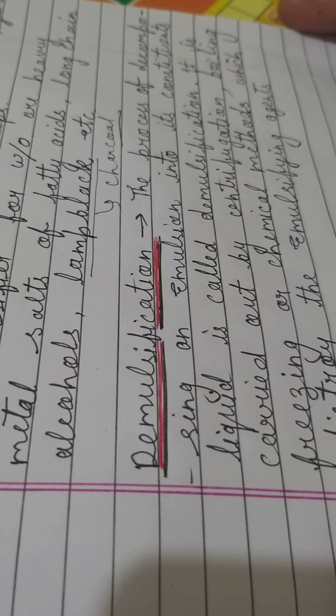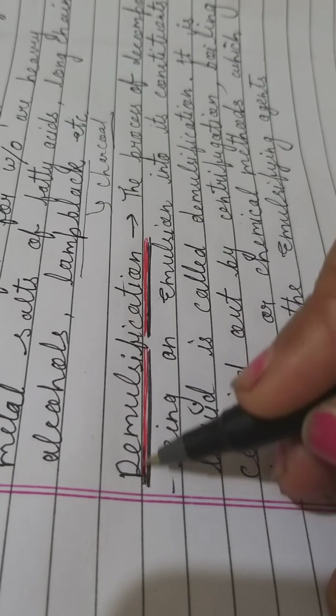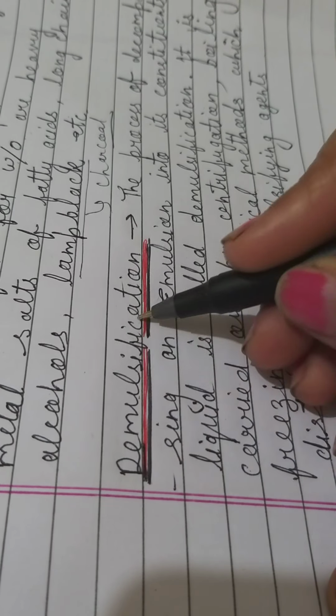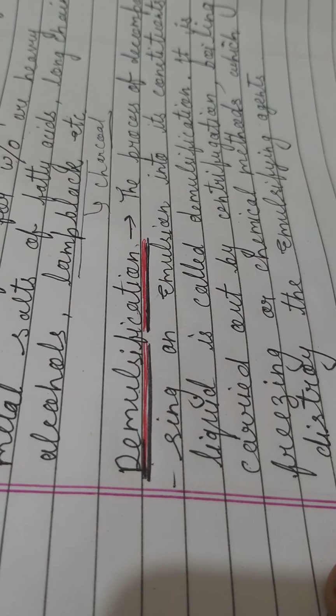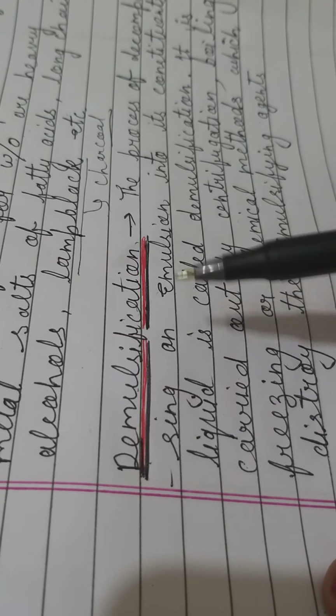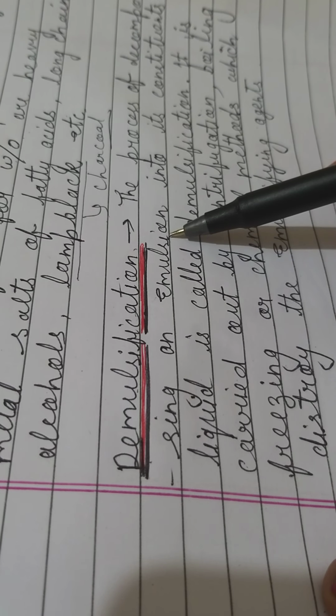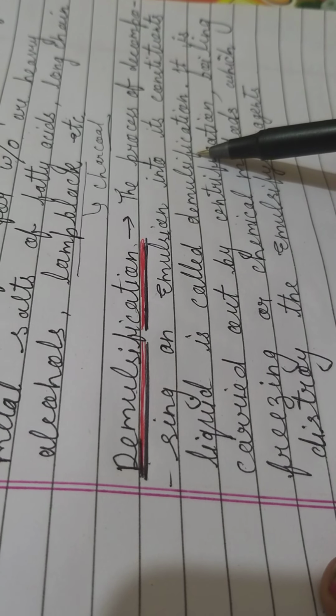Now after that we have to understand one more thing that comes in the category of emulsion: de-emulsification. As is clear from the name, de-emulsification is just the reverse procedure of emulsification. The process of decomposing an emulsion into its constituent liquids is called demulsification.